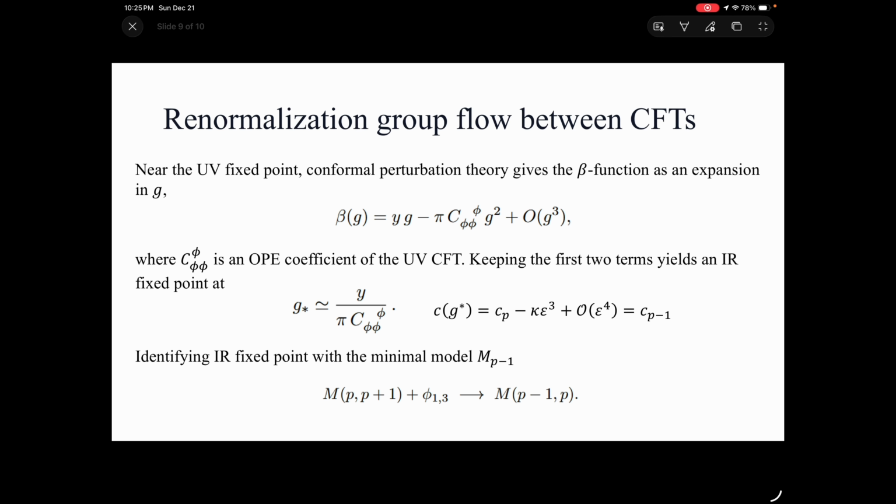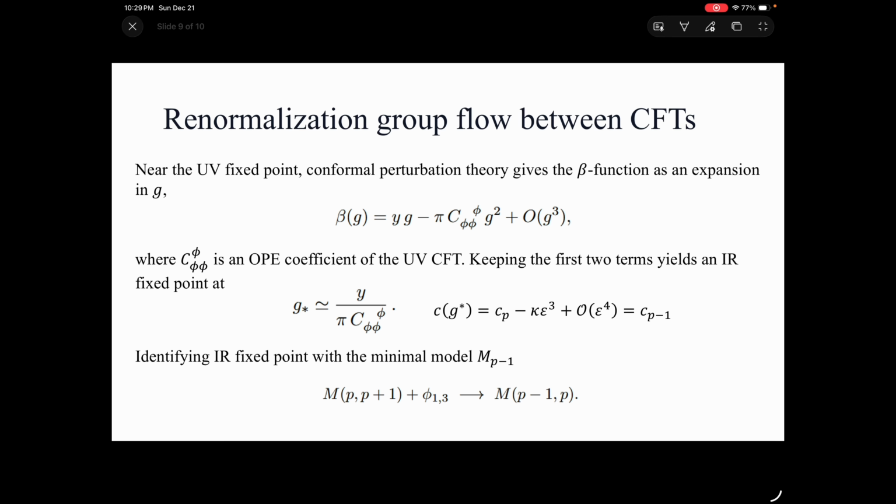So we know a minimal model M(p, p+1) describing a UV fixed point, after being perturbed by the thermal operator phi_13, will flow to the IR and become another minimal model, M(p-1, p).